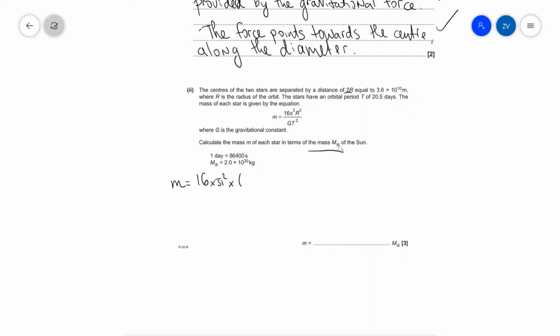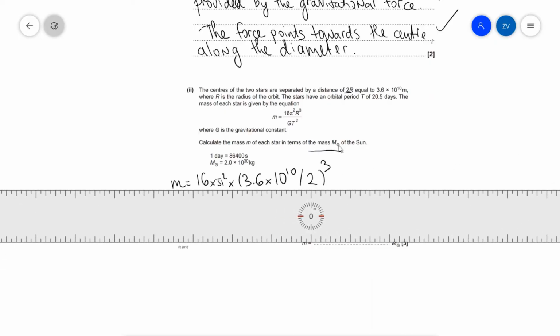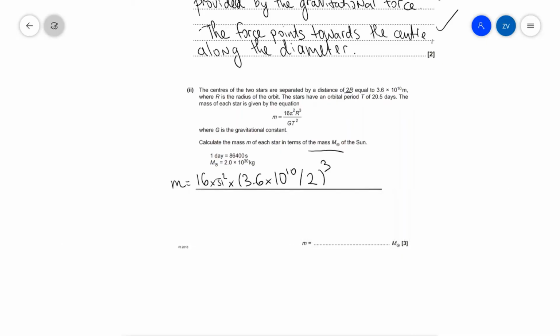So bracket 3.6 times 10 to the power of 10, divided by 2, and then I'm going to be cubing this whole expression, and then I'm going to need to divide by G, the gravitational constant, which is equal to 6.67 times 10 to the power of minus 11, times the time period squared.